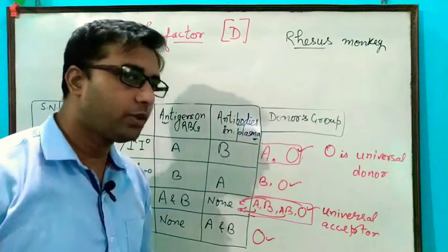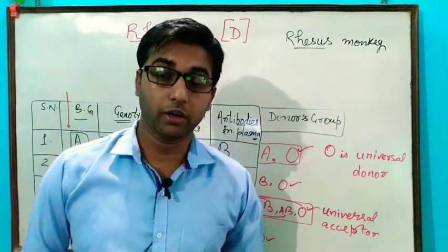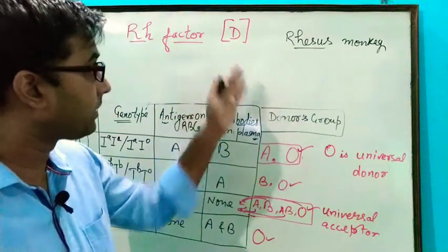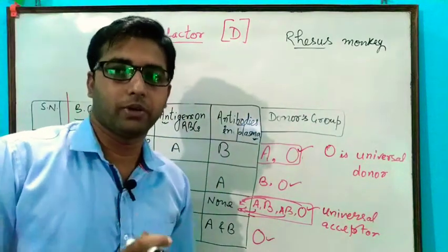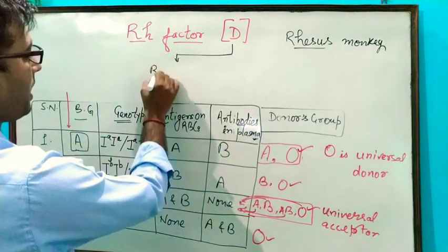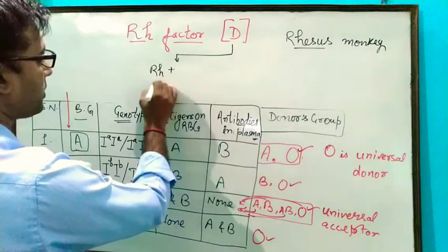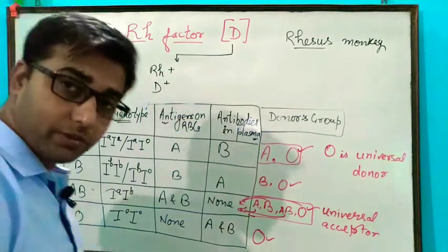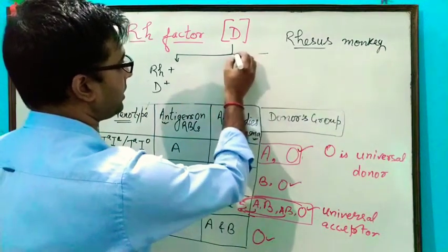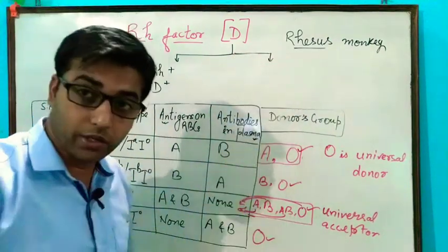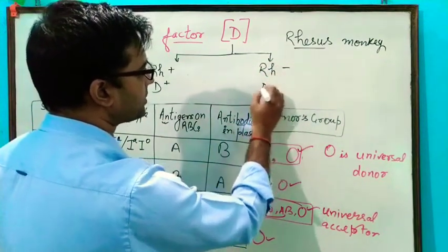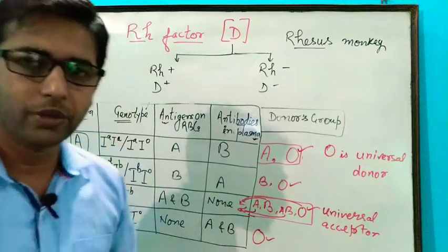But some of the human population does not contain the D. So all the people having D antigen are known as Rh positive, or simply D positive. And all the people that do not contain Rh antigen are known as Rh negative or simply D negative.